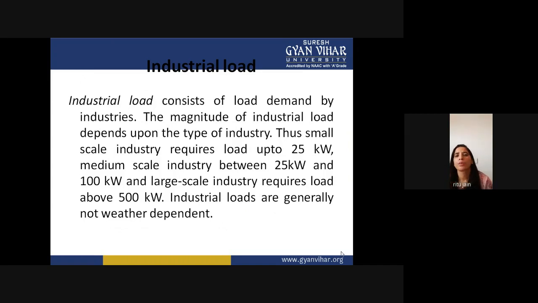Now we come to the industrial load. Industrial load consists of the load demanded by industries, that is, how much load you require from the power plant for your industry. The magnitude of industrial load depends upon the type of industry.